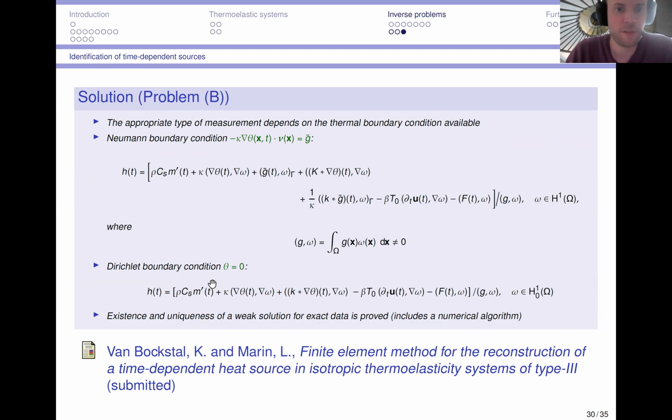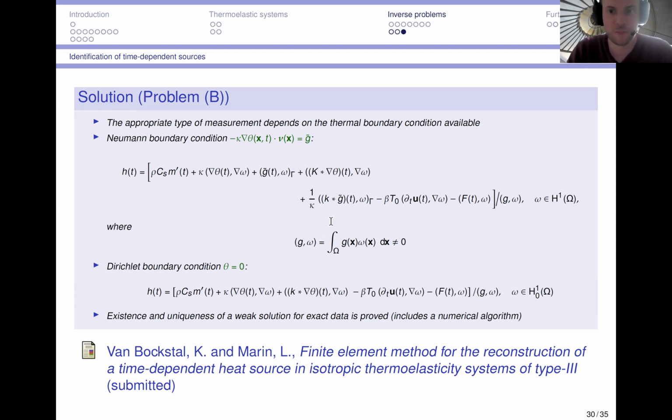And with the Dirichlet boundary condition, in the case of theta equal to 0, we get this expression for h of t. And then you need to assume that the weight function is 0 on the boundary, so you assume that it belongs to this space. So again, we can show existence and uniqueness of a weak solution for exact theta.